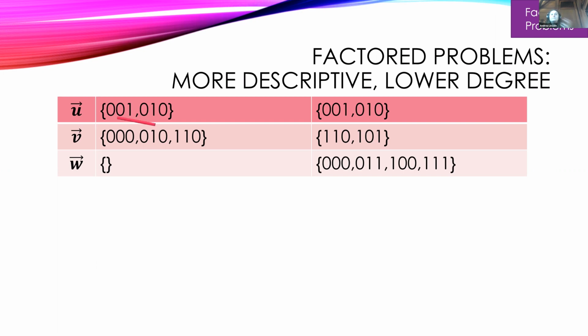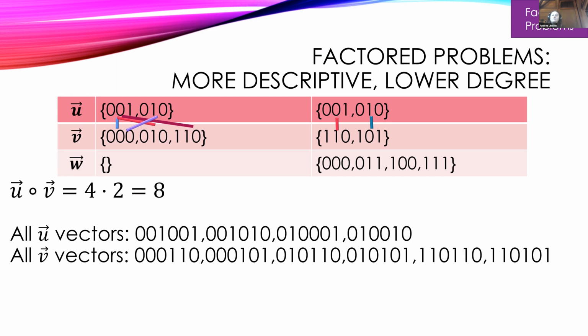And how would we do that? Well, here's all the pairs in the first set of inputs that dot product to 0. And here's all the pairs in the second set of vectors that dot product to 0. And we can simply multiply them. The number of vectors that are concatenations of something in the first set and something in the second set that form orthogonal vector pairs between U and V is just going to be the multiplication of those two values.